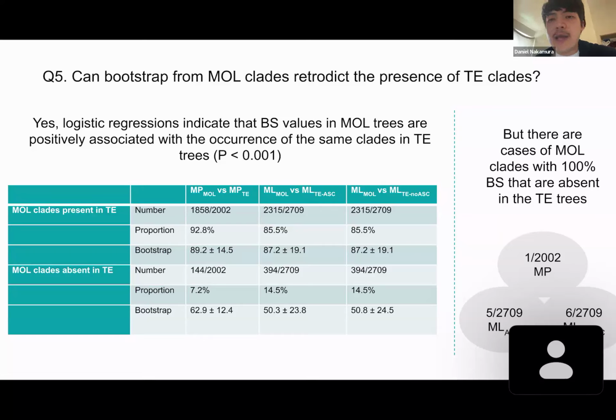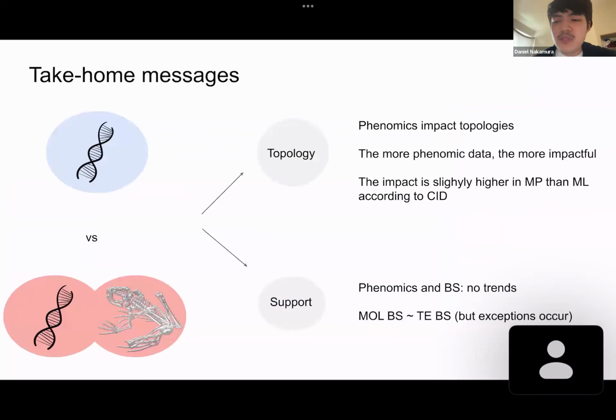But there are some extreme cases of molecular clades with 100% bootstrap values that are absent in the total evidence trees. So if you rely on 100% values, we shouldn't, because there are some exceptions. So some take-home messages: the addition of phenomic evidence can impact both topology and support values.